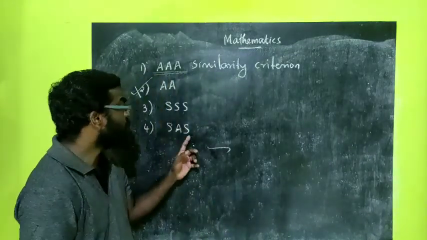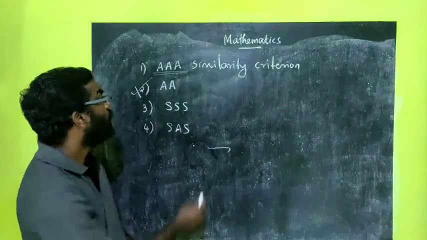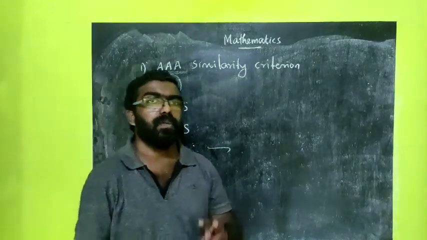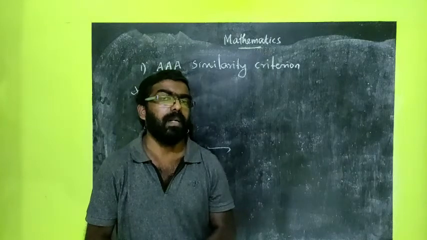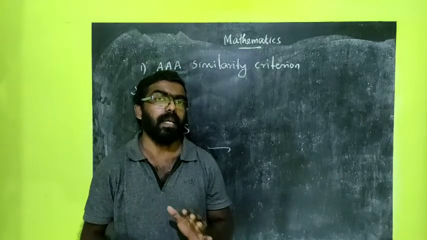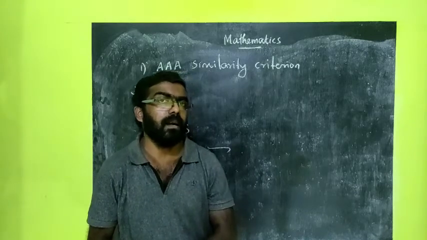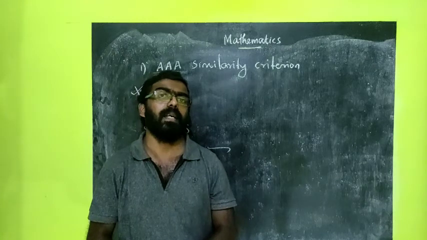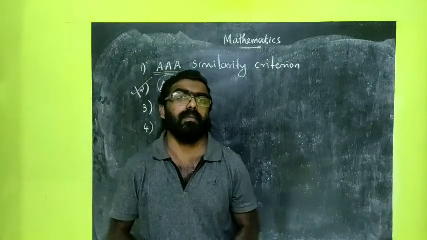Here SAS, two sides proportional, included angle is equal. But in the second one, there are two conditions only, two angles are equal. That's why it's most commonly used. AA similarity criterion: if the two angles of one triangle are equal to two angles of another triangle, then the triangles are similar.